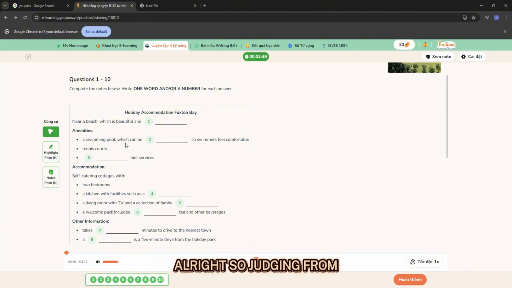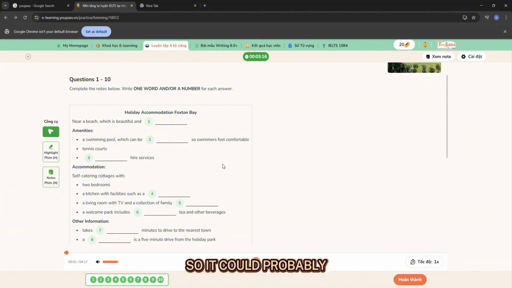All right, so judging from this, based on grammar, I know that 100% number two must be a verb, and the verb should end with a D, or be in the past participle, because it's passive voice over here.